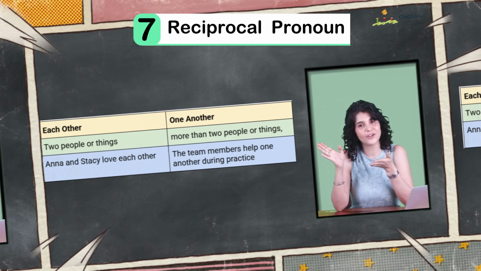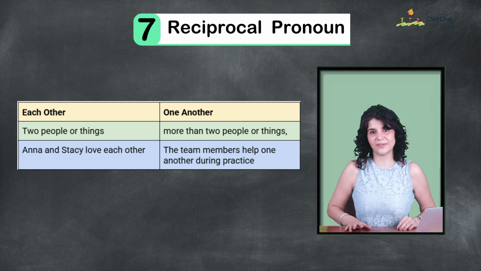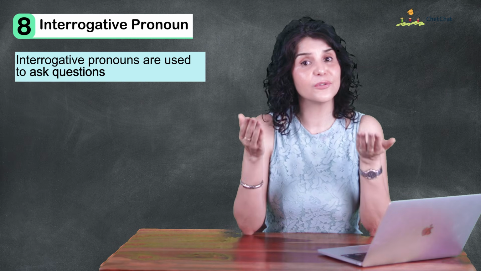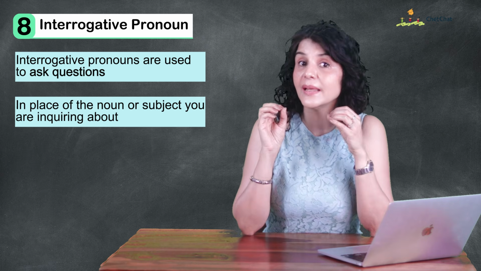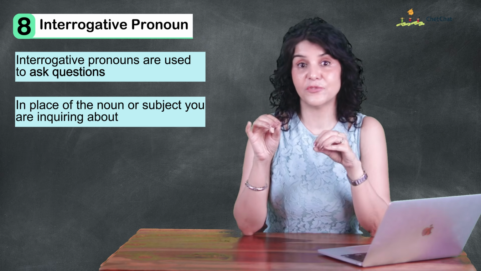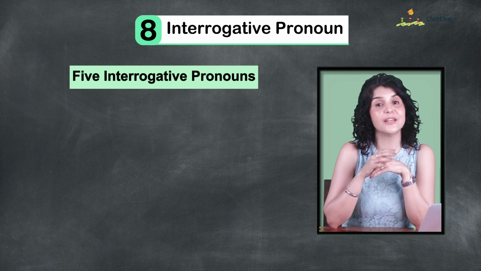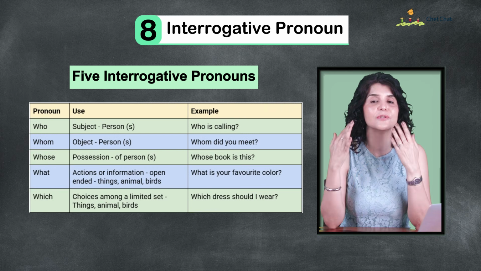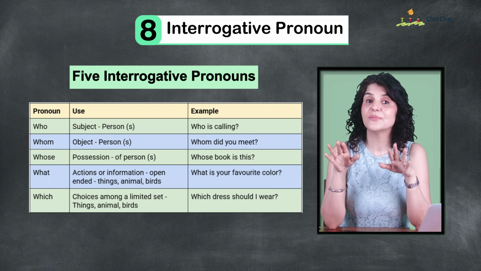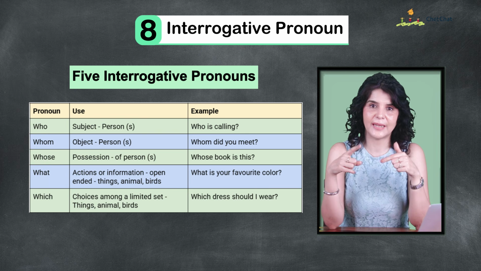Take a screenshot and now let's move on to interrogative pronouns. Interrogative pronouns are used to ask questions, to interrogate. They come in place of the noun or the subject that you are inquiring about. There are 5 interrogative pronouns and we've covered the basic ground rules of many of these when we were doing relative pronouns, but let's go over them very quickly.